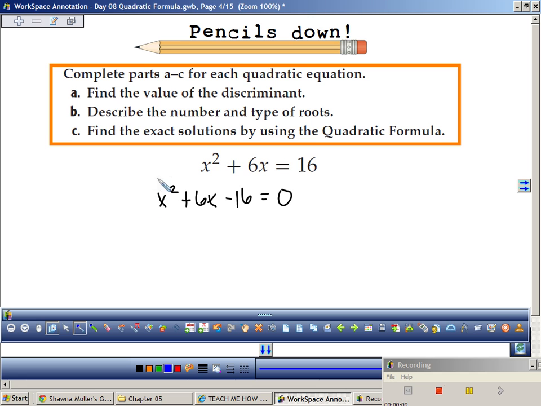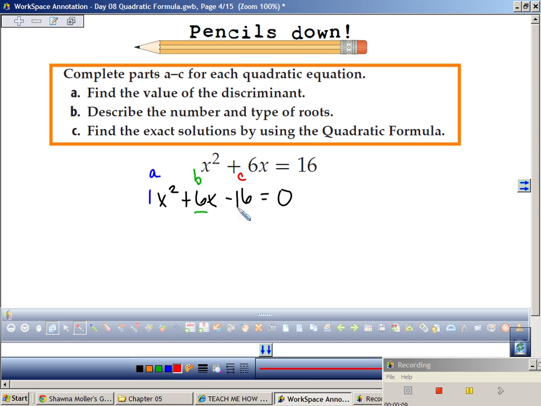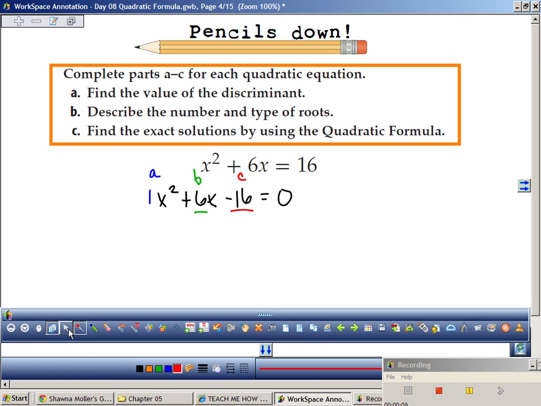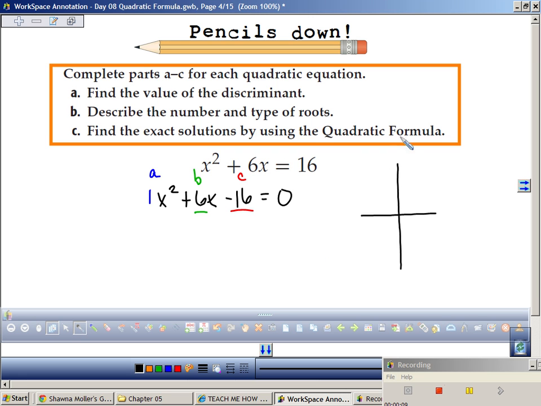So if this is A is 1, B would be 6, and C would be -16. And by the way, while we're talking about this, what would -16 represent? Where the y-intercept is. So if this is -16, I know that my graph is going to cross right there, just from seeing that C.